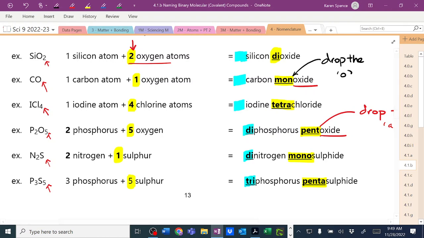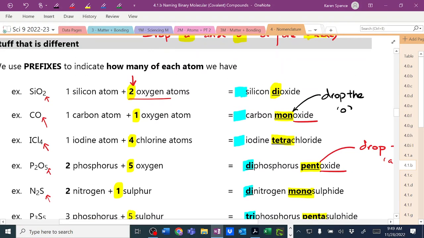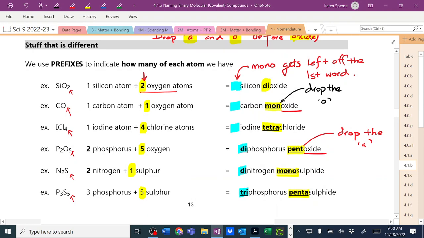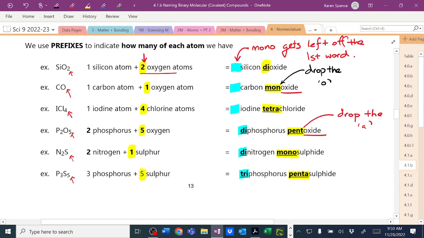No, we only leave off mono and only on the first word. Mono goes on the second word. All the other prefixes always go on both words. So mono gets left off the first word, but all the other ones take their prefixes. Okay?